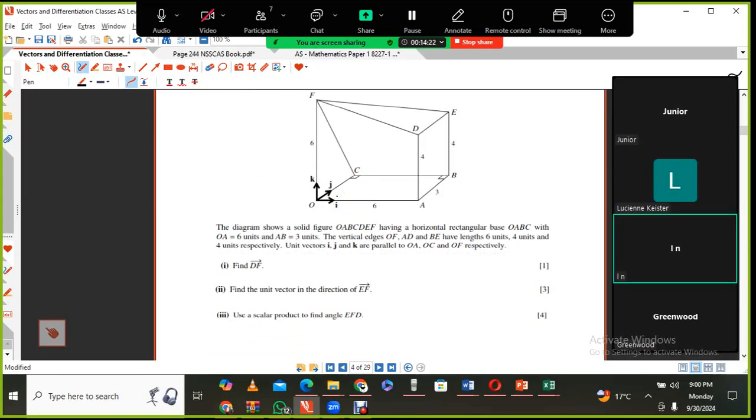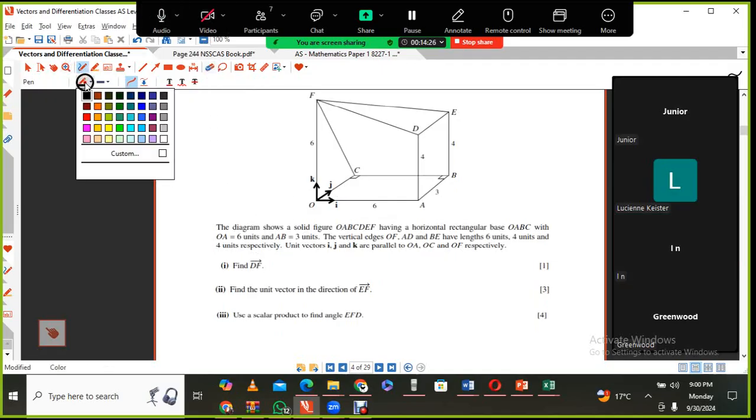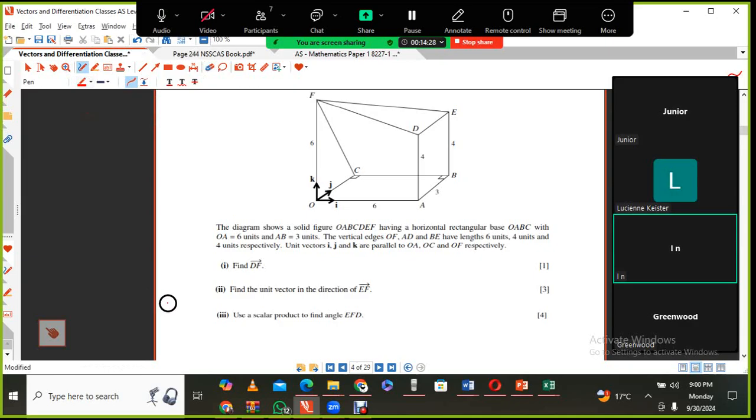It's quite a diagram here. So they want us to find DF. So perhaps to find DF, that is from here to there. There's many ways you can go. This is what we need to find, D to F, yes?